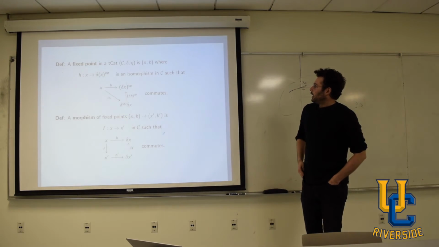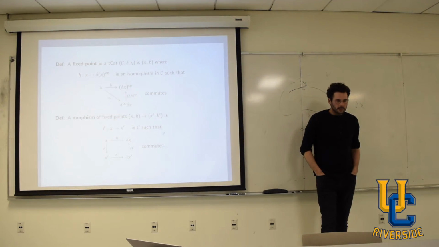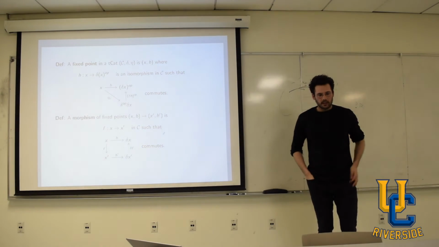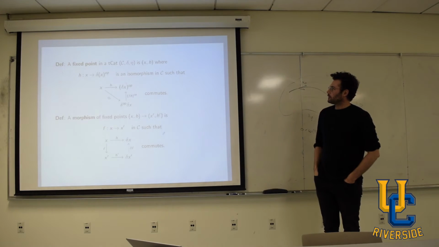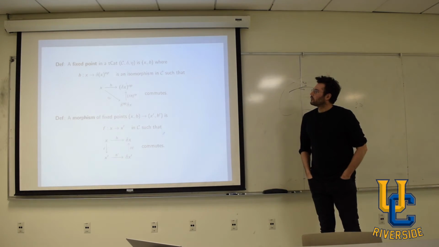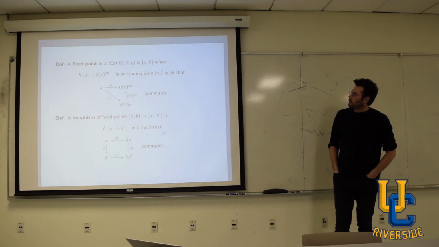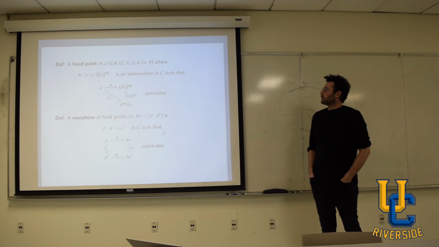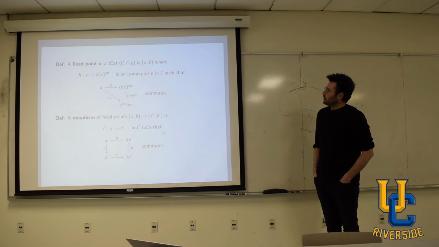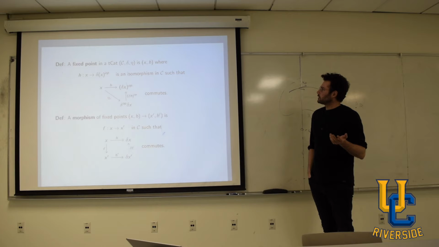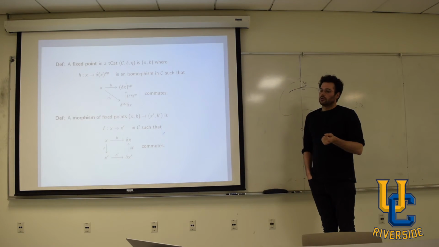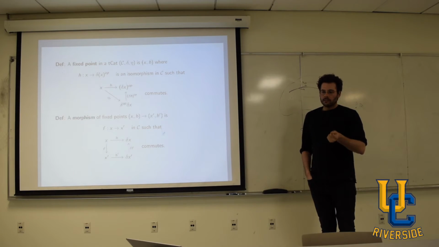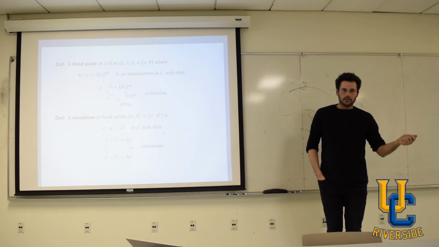Okay. And the idea now, as I mentioned at the very beginning as a theme, is that symplectic things we can encode as fixed points for an involution, a twisted involution. So the definition for a fixed point of a twisted involution is that we have a pair given by an object X of our category C together with a morphism H from that object X to the involution applied to X and then viewed back in the original category.